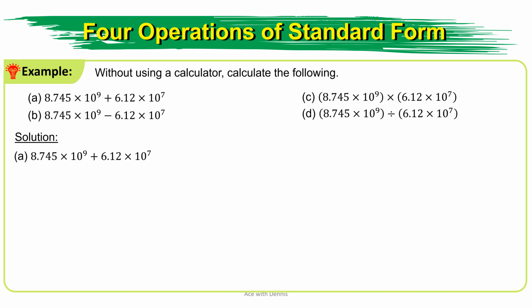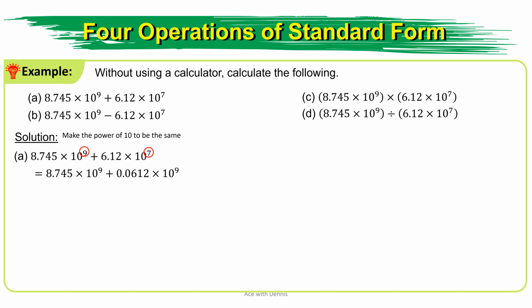Here is the solution. For A, 8.745 times 10 to the power of 9 plus 6.12 times 10 to the power of 7. So firstly, we need to check the power of 10. So they are not the same. We need to make the power of 10 the same. So we choose the larger power as the standard power.